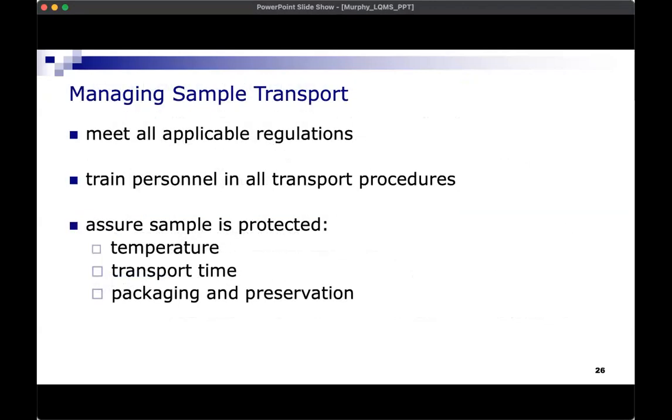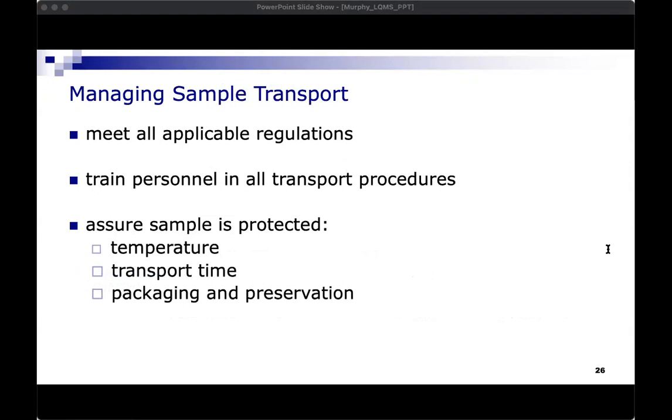So, managing sample transport. The overall management is really important, and it ensures that all regulations and requirements are met when transporting samples. It's really important that whoever is doing the managing be aware of national requirements that apply to sample transport. And the personnel who package or who drive transport vehicles should be trained in the proper procedures, both for safety and for good maintenance of samples.